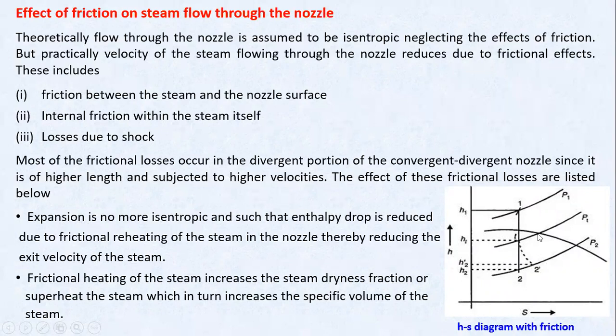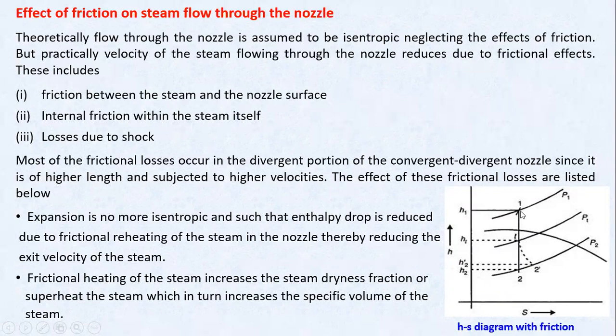In this HS diagram, consider the point 1. This point 1 is in the supersaturated region, and this line is the dry saturated line. Now let us consider a convergent divergent nozzle. In the convergent divergent nozzle, 1 to T, where T is the throat, and 2 is at the divergent end of the nozzle.